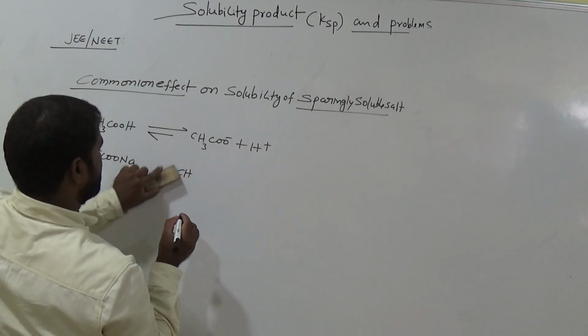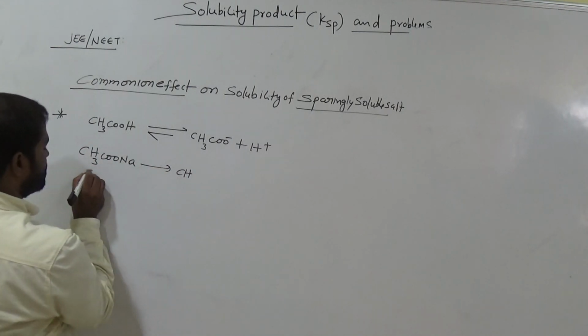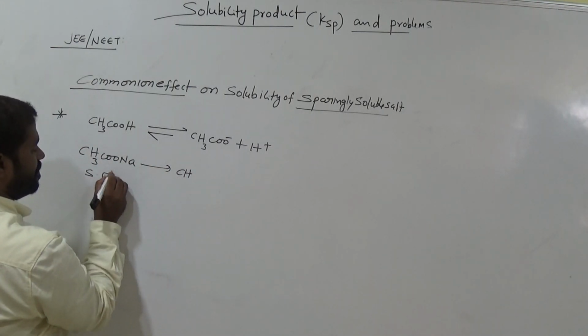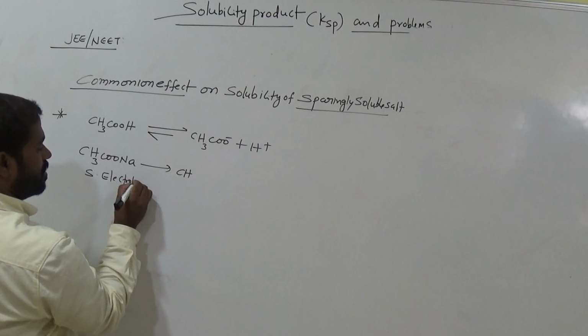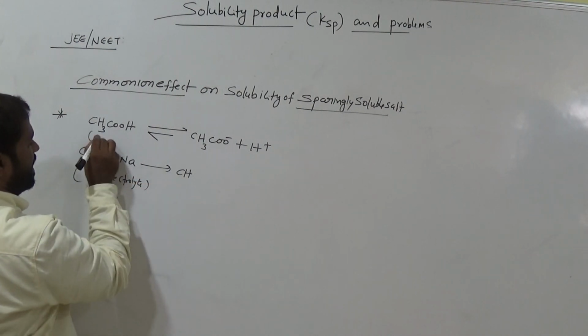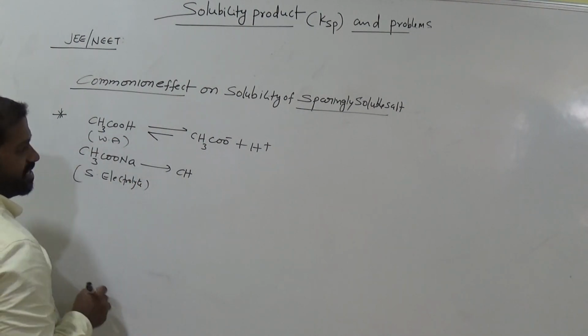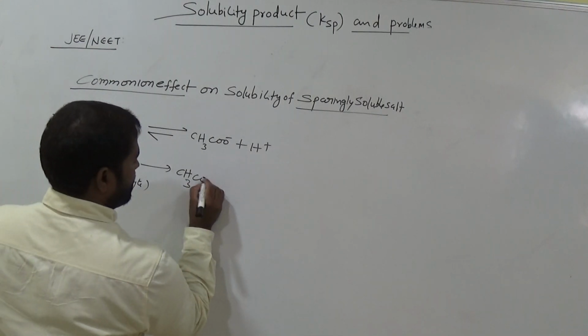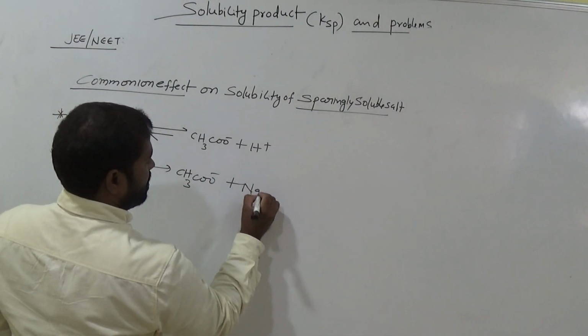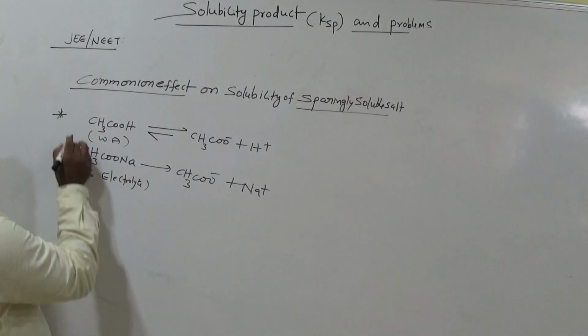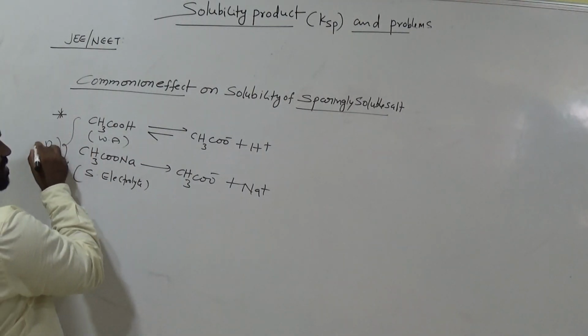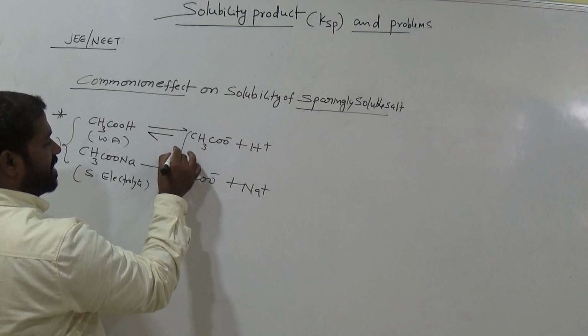It is a single reaction, not reversible, a strong electrolyte. This one is a weak acid, weak electrolyte. CH3COO minus and Na plus, am I right? These are the reactants clearly. What about this one? Product, am I right?